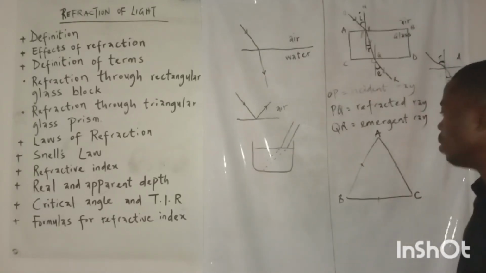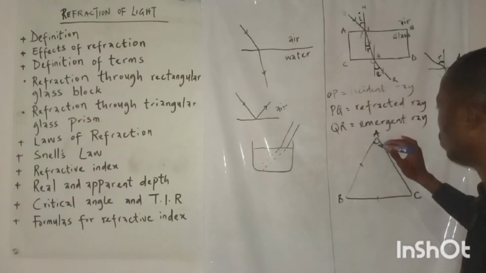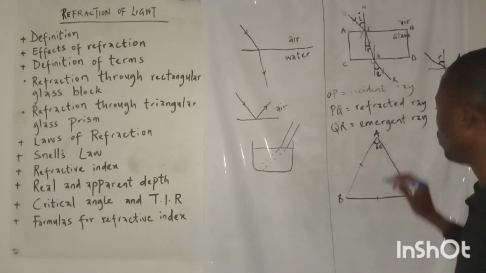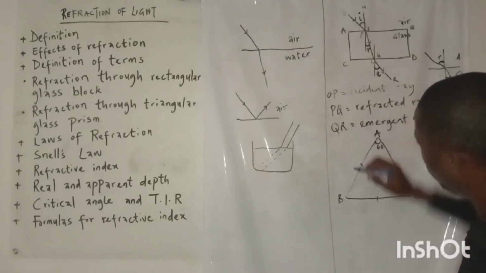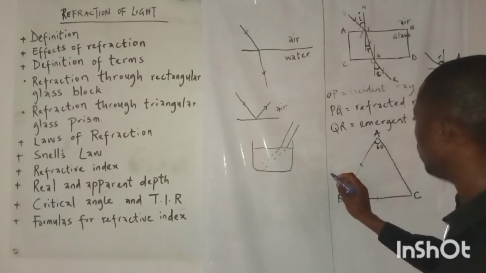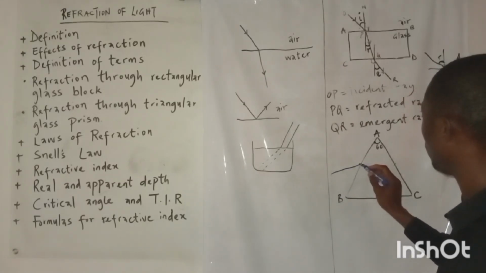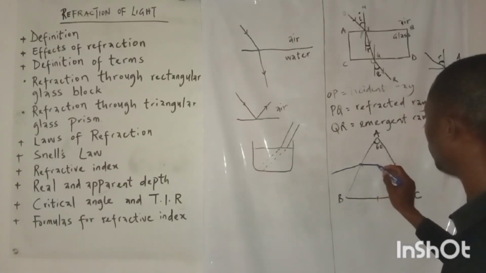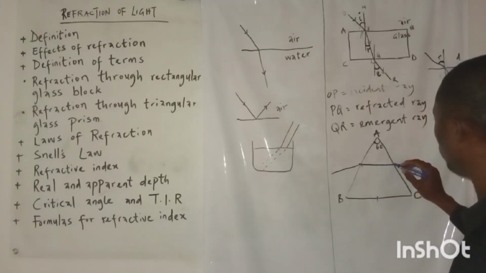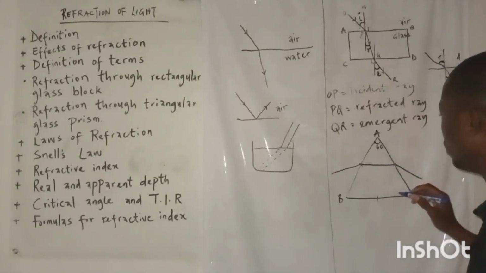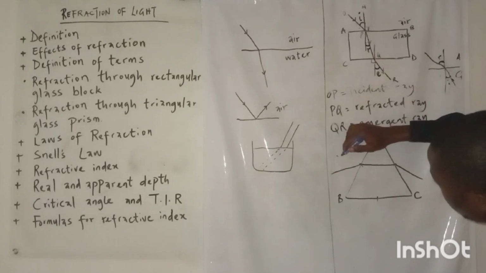So this angle is 60 degrees, and let's say light is traveling in this direction, and then it bends, and at this point it comes out again. So let's put our normal here. This is our normal.